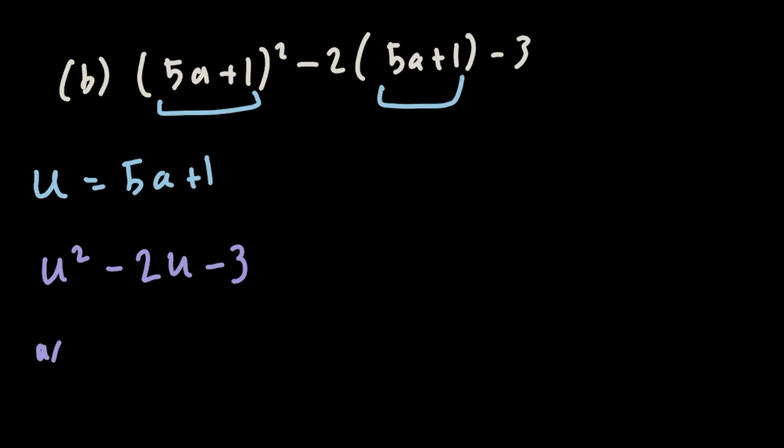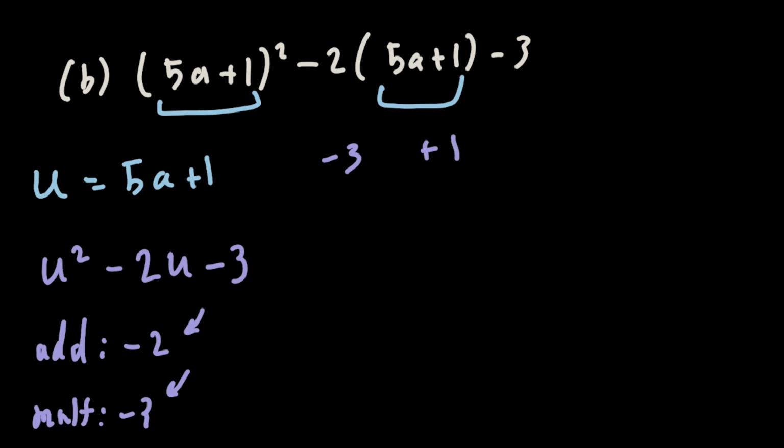The addition is minus 2 and the multiplication is minus 3. So we want two numbers whose addition is minus 2 and whose multiplication is minus 3. The two numbers are minus 3 and plus 1, so we will get (u minus 3) multiplied by (u plus 1).